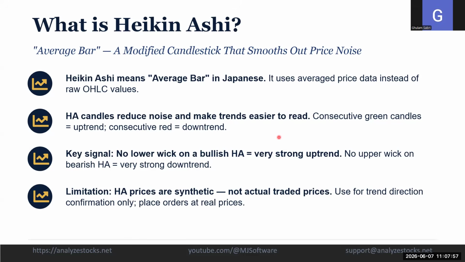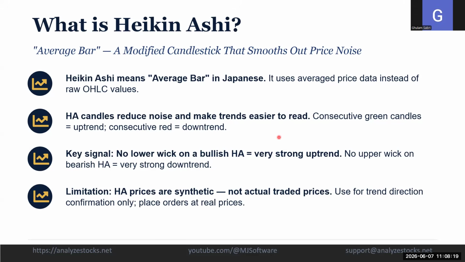If you find consecutive green candles in a Heikin Ashi chart, those are basically showing an uptrend. And if you have consecutive red candles, those are showing a downtrend. The key signal is that no lower wick on a bullish Heikin Ashi candle is a very strong uptrend. I will give you an example.